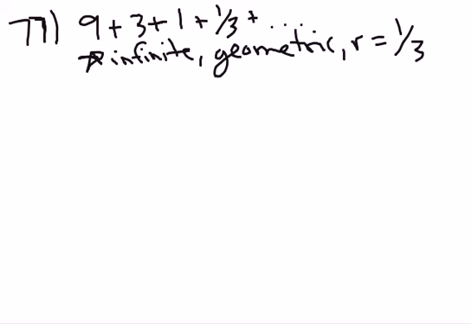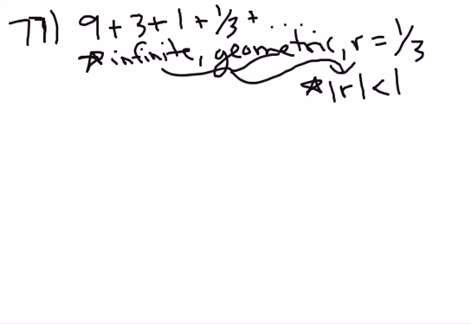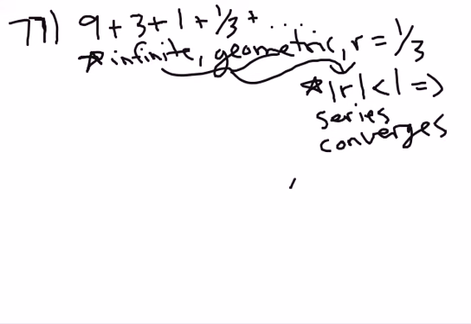So if I have a geometric series, it's infinite, and the absolute value of r, which is still 1/3, is less than 1. Okay, so if I have these two things and absolute value is less than 1, that means that the series converges. In other words, there is a sum. And the formula for the infinite sum is a1 over 1 minus r, where r is your common ratio.